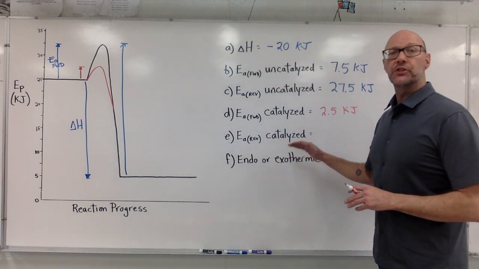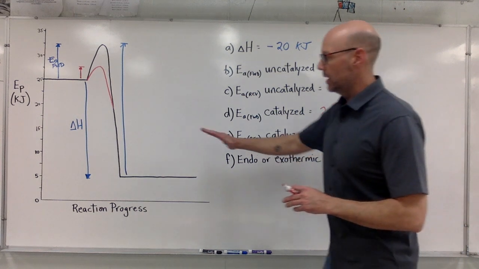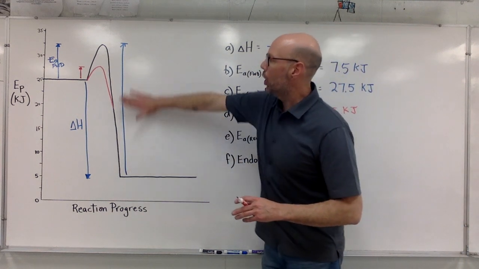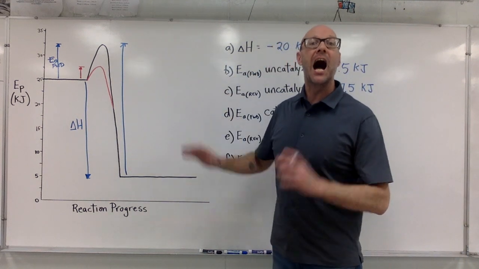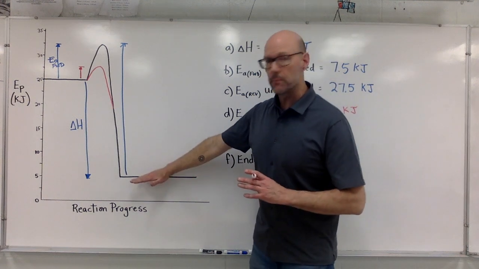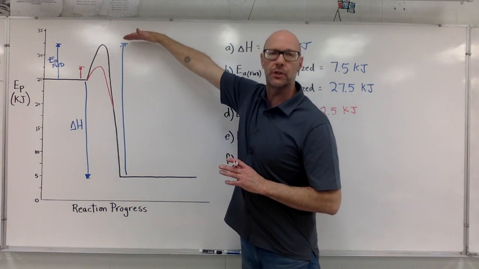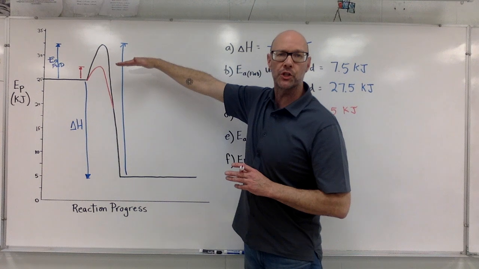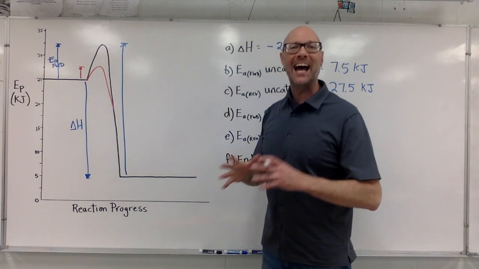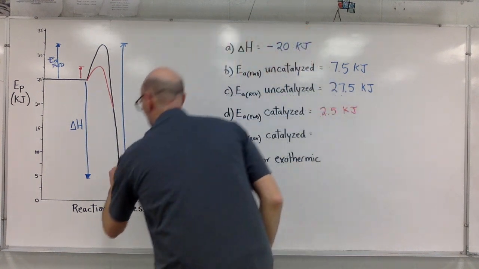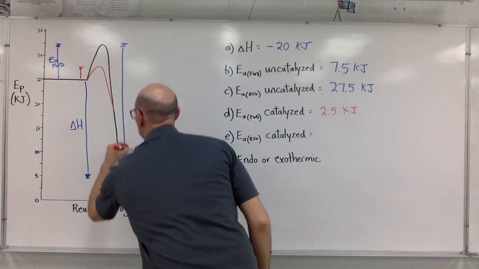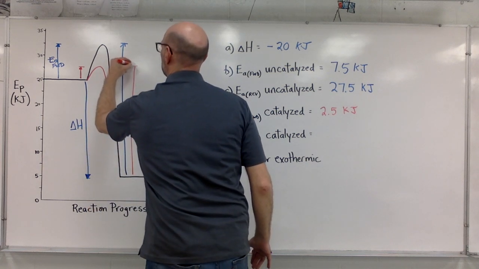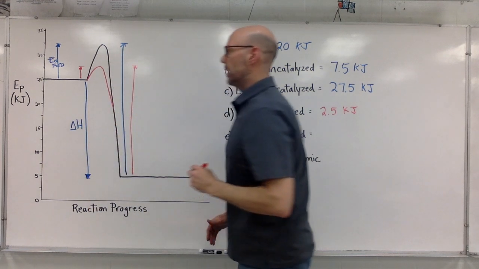The reverse catalyzed reaction, it's the same area. This tall blue arrow here was the uncatalyzed reaction from the products all the way up to the top of that peak, but now we're just going up to the red with the catalyzed reaction. That area of the graph.